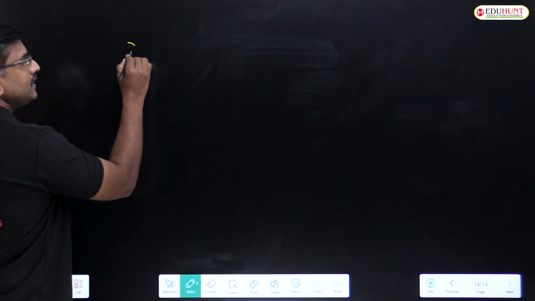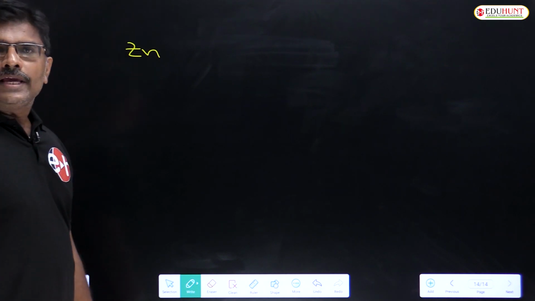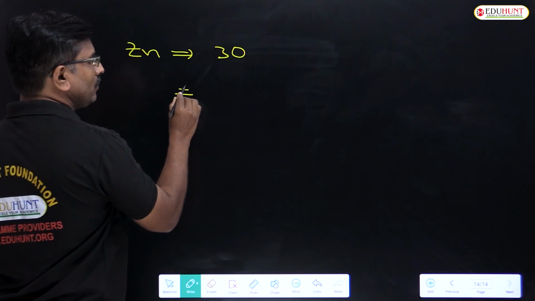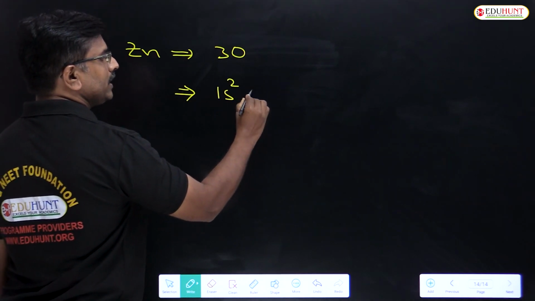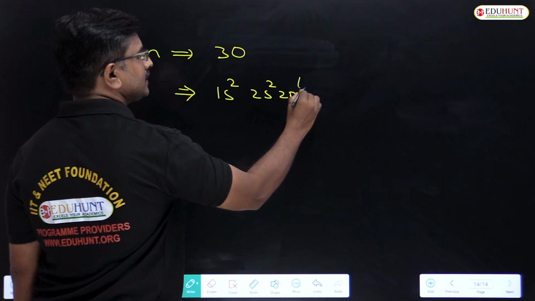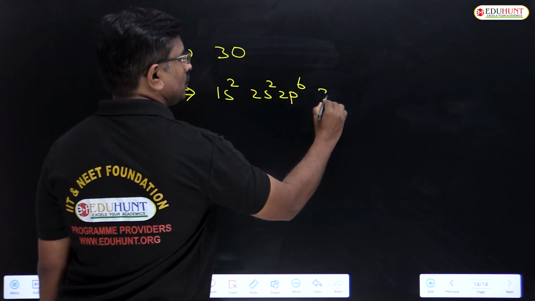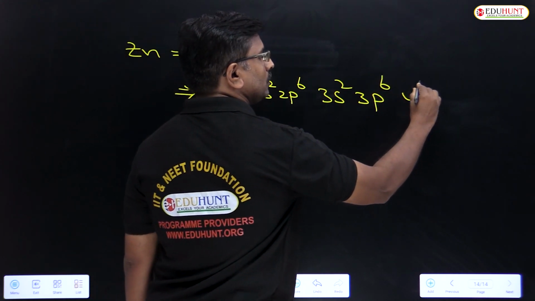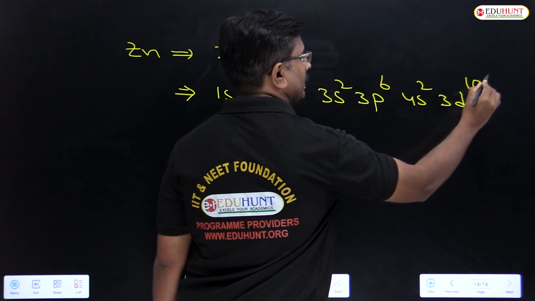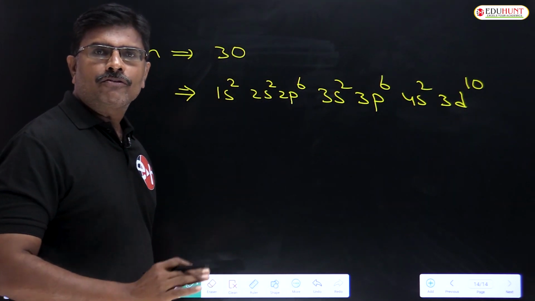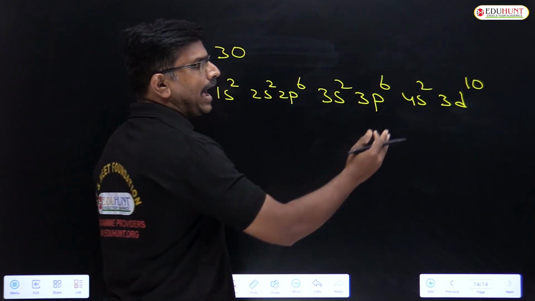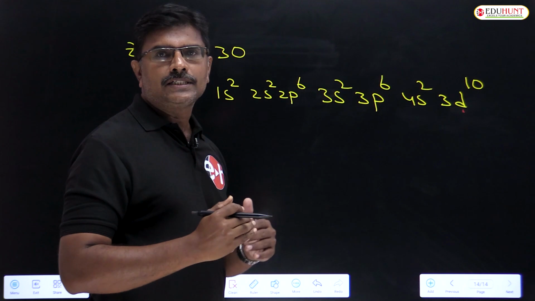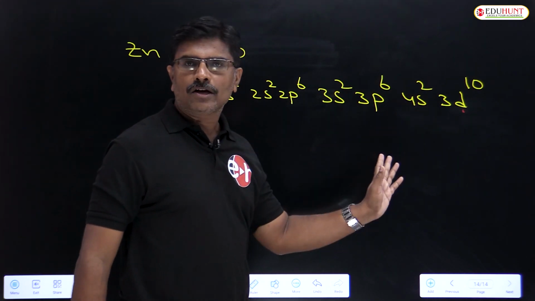See, if you consider the zinc, atomic number is 30. You can write its electronic configuration in the orbital format: 1s2 2s2 2p6 3s2 3p6 4s2 and 3d10. For the sake of convenience, for better understanding, I am writing the 3d along with the 3s2 3p6, because the 3d is the third shell configuration, no?